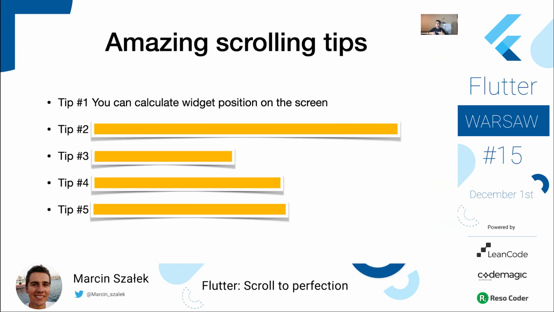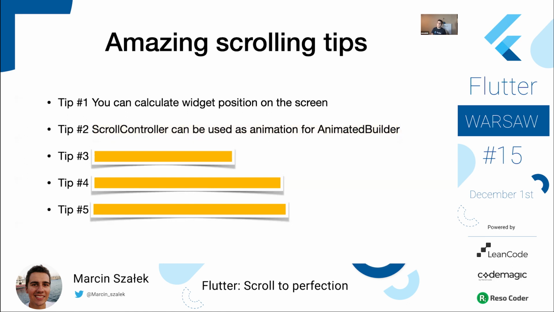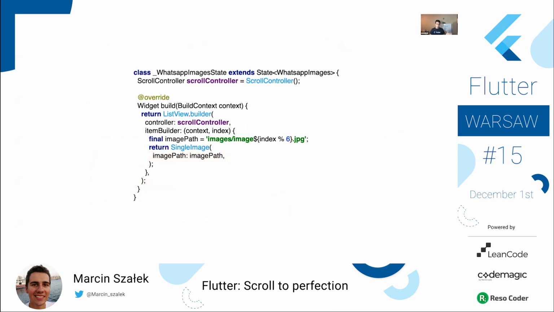We could add a listener to the scroll controller and call setState to rebuild the whole page. However, this would result in rebuilding our whole scroll view on every scroll event. So we can do it better by using the scroll controller as an animation for an animated builder. What does it mean? We have our normal widget.